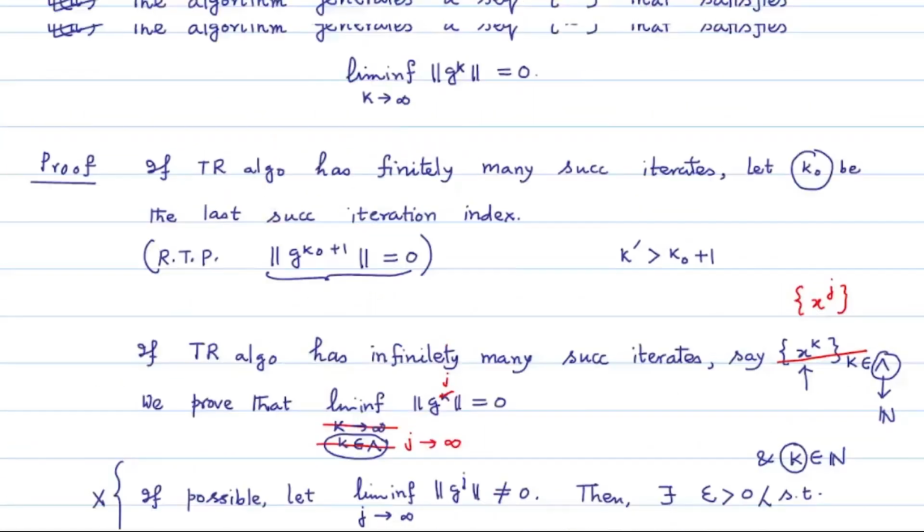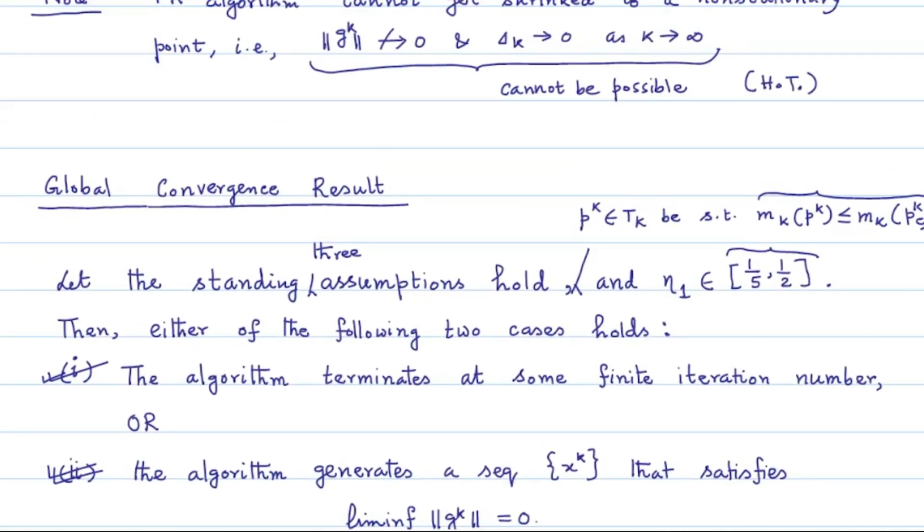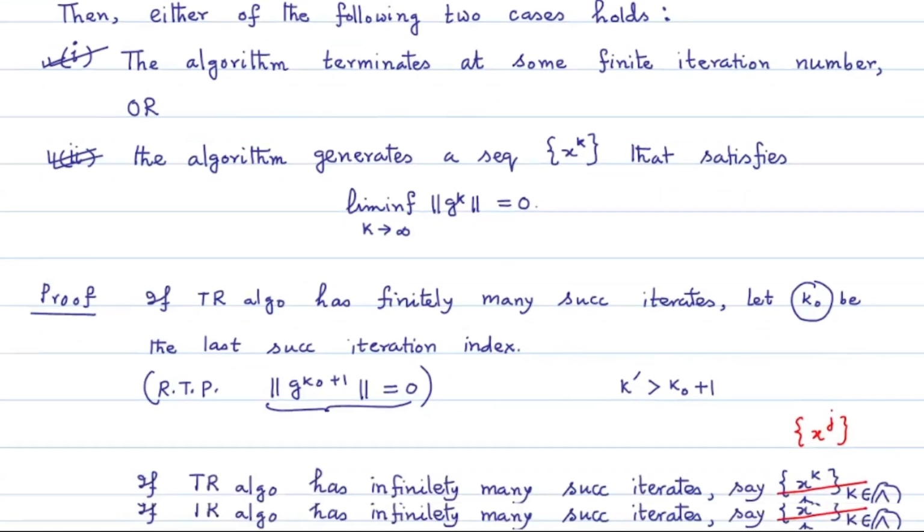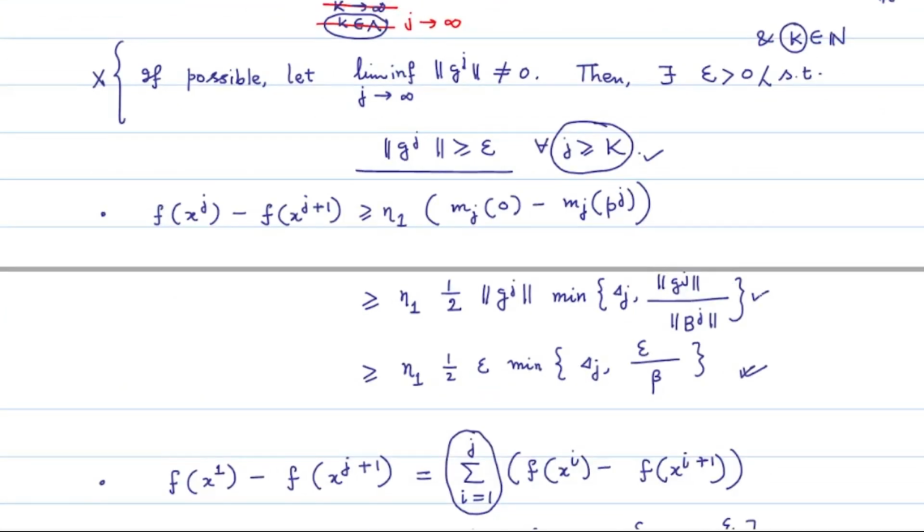Here we notice that we have just assumed that pk is such a step for which the model function value is less than or equal to the model function value at the Cauchy step. And due to this inequality, the entire result follows from the sufficient reduction property of the Cauchy point.